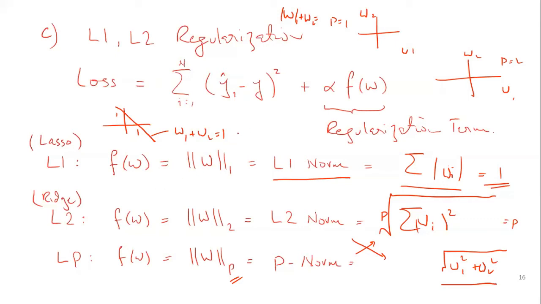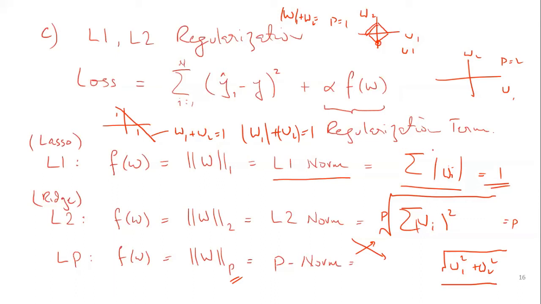Now we want the equation where the absolute value of W1 plus the absolute value of W2 is equal to 1. It'll look like a diamond. This particular point over here will be when W1 is equal to 0 but W2 is equal to -1. So you can see that if you plot the absolute value, this is how it's going to look.